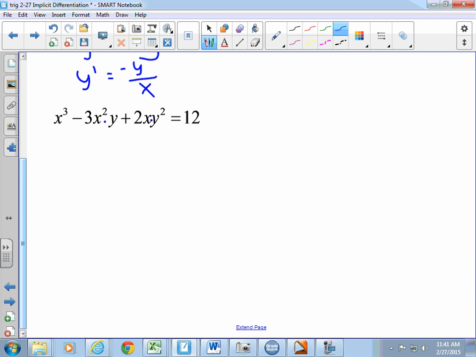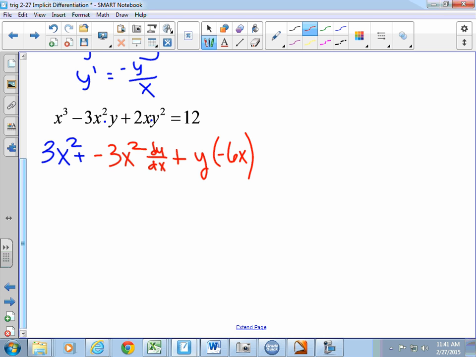Okay, so the derivative of x cubed is, and I'm just going to put a plus there because I'm going to deal with the negatives in the product rule. Left, which is -3x squared, d right, plus right, d left.